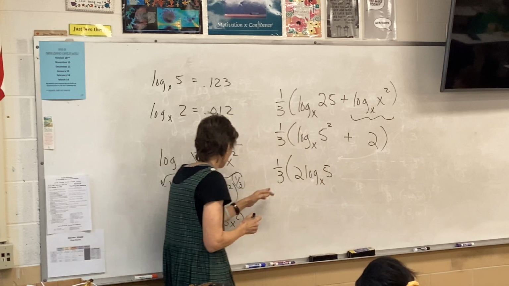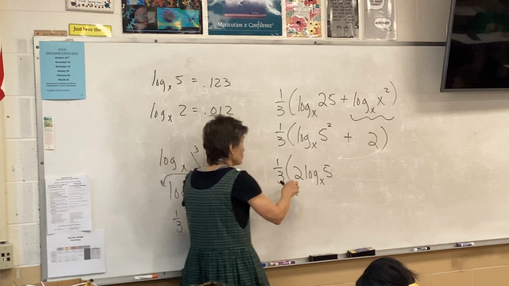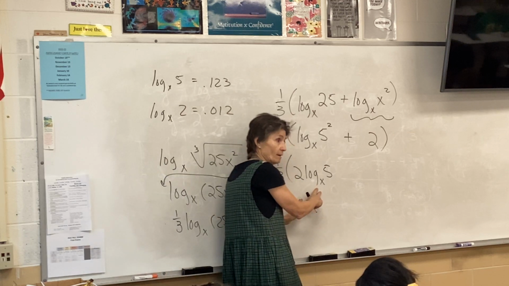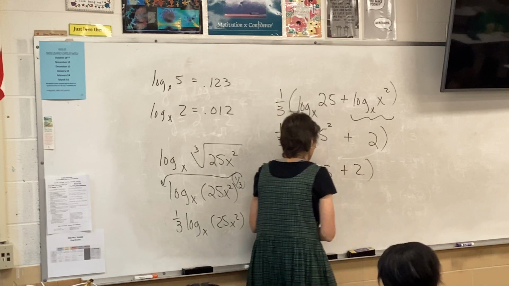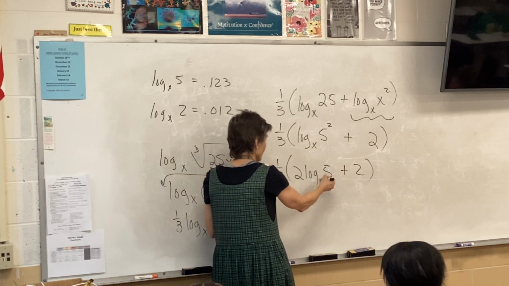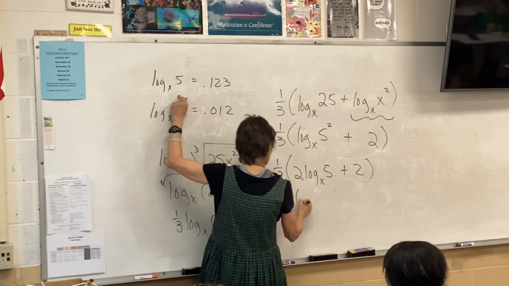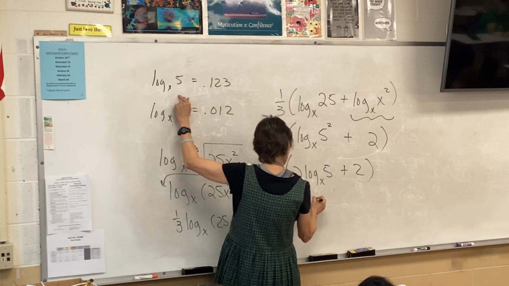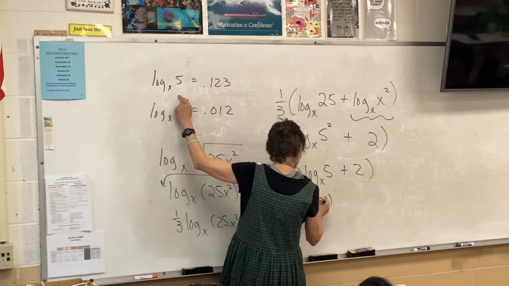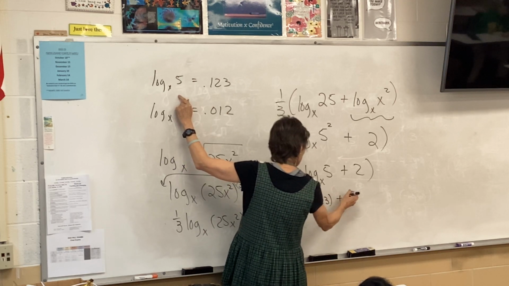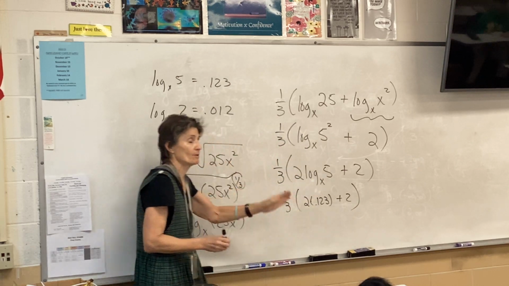The 1/3 is out in front of the whole thing, but the 2 is only in front of the x. Now, do I know this number? Yes, I do: 0.123. So 1/3 times 2 times 0.123 plus 2. So I can just type that in my calculator and get an answer.